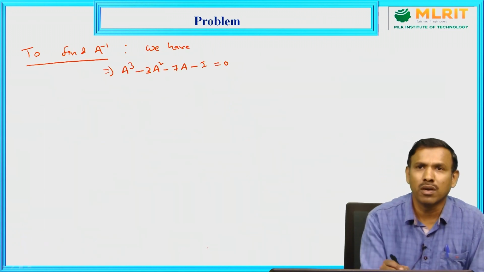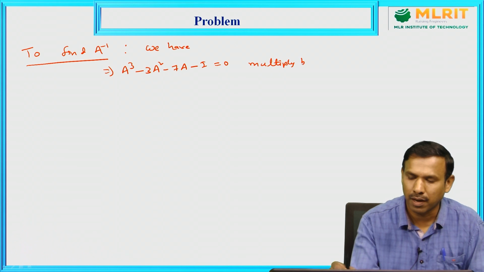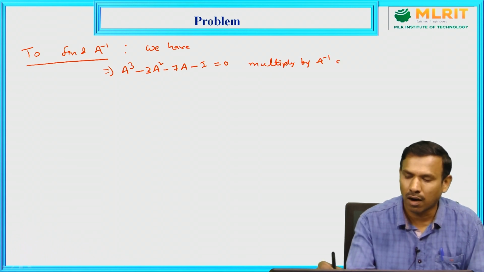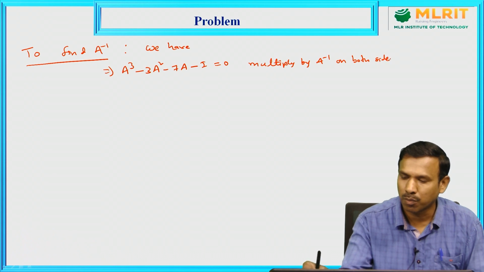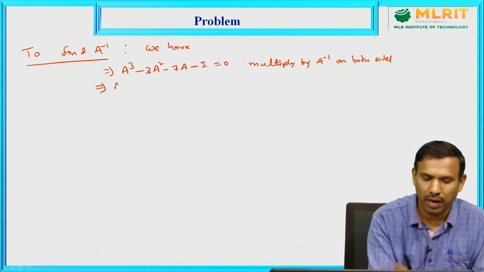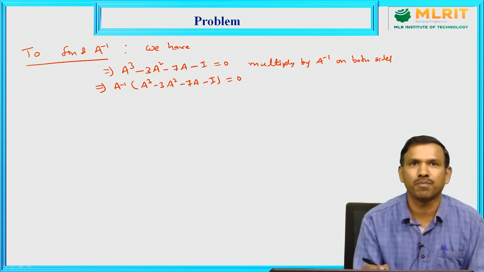Very simple. To find A inverse, multiply by A inverse on both sides, that is A inverse into A cube minus 3A square minus 7A minus I is equal to 0, right.